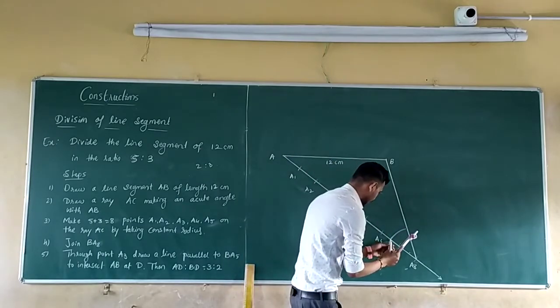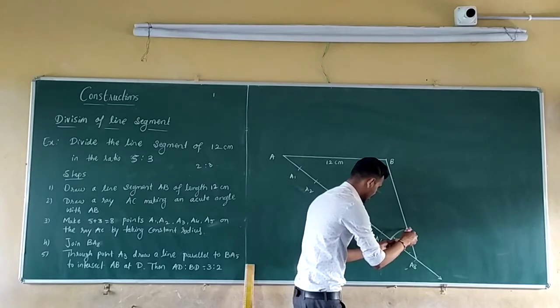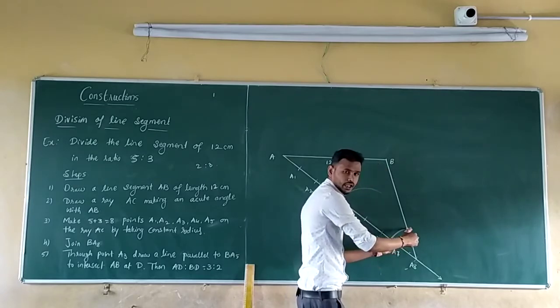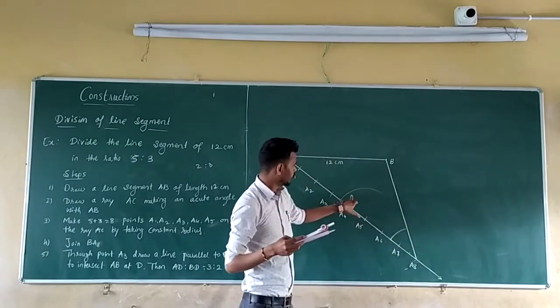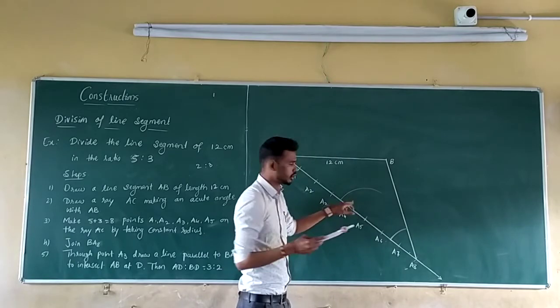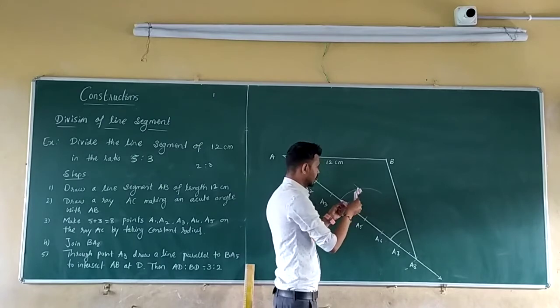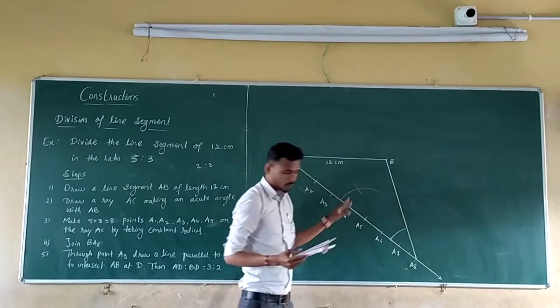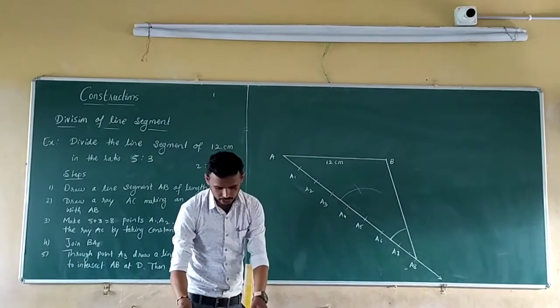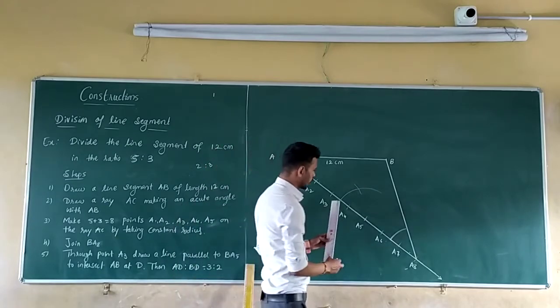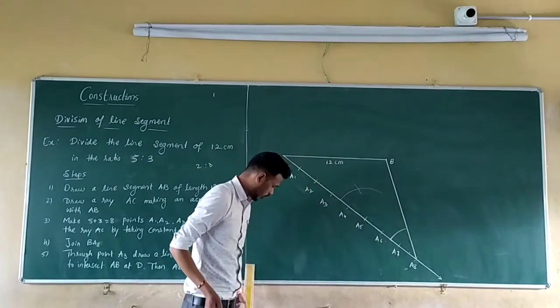Next, take this arc length. How much will it be? That much. Take the arc length and where you have drawn the arc, take that point as the center and cut that arc. Where both the arcs intersect, through that point from A5, draw the line.